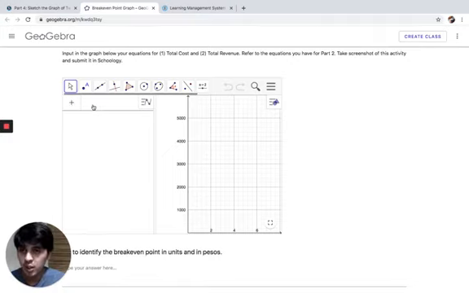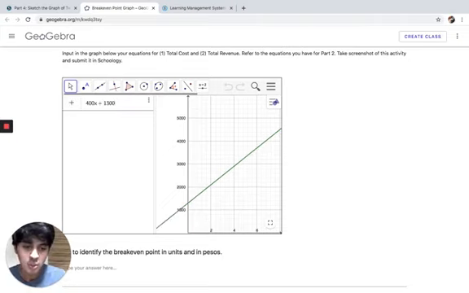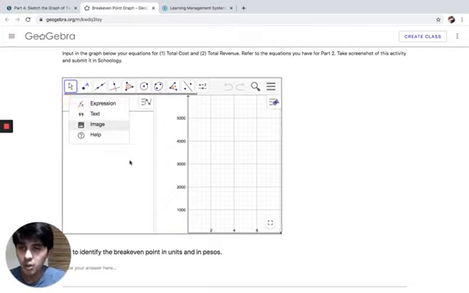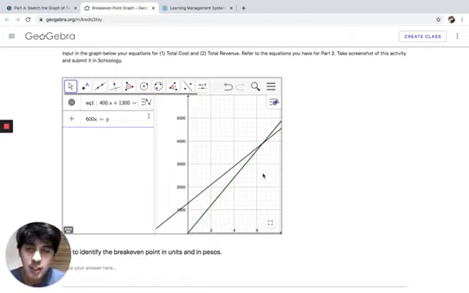Remember that the equation for total cost is the variable cost times the number of products produced plus the fixed cost, which will be equal to y. The second equation is to get the total revenue: the selling price per cheesecake times the number of cheesecakes will be equal to the total revenue, which is represented by y.